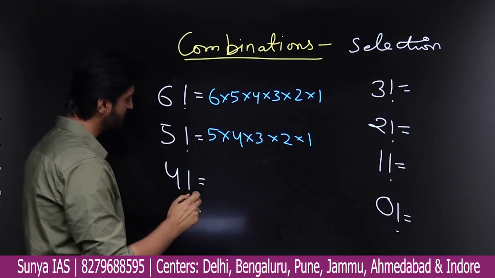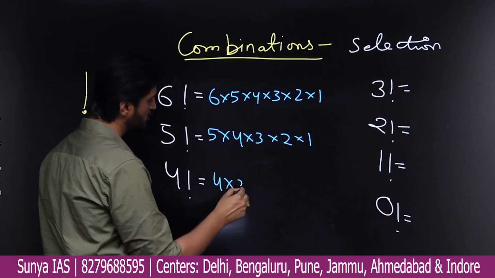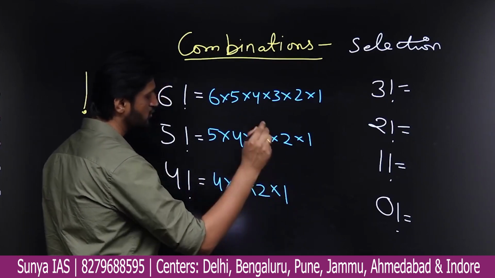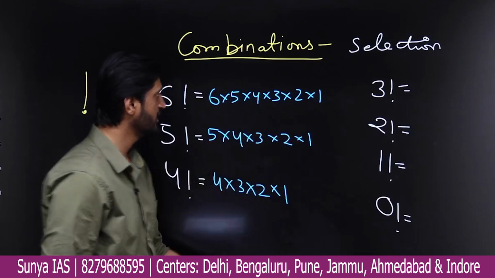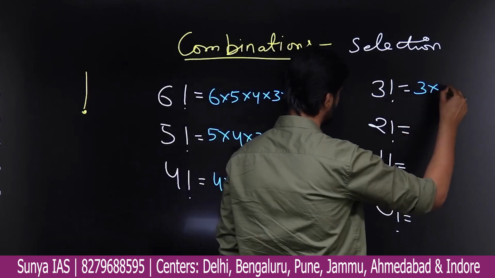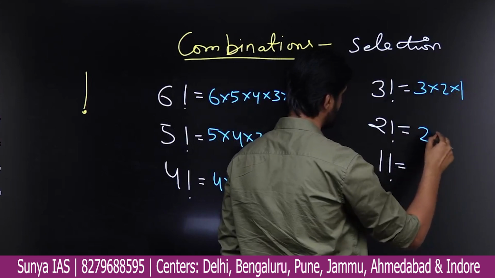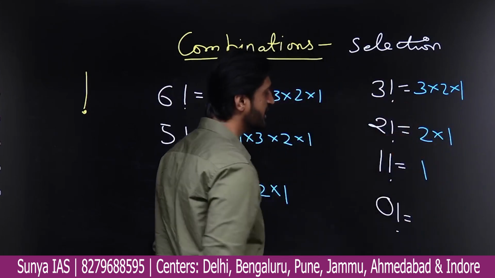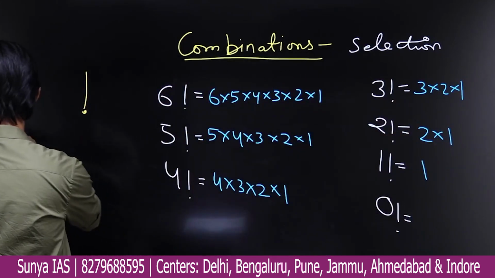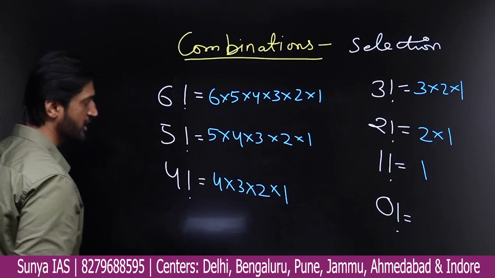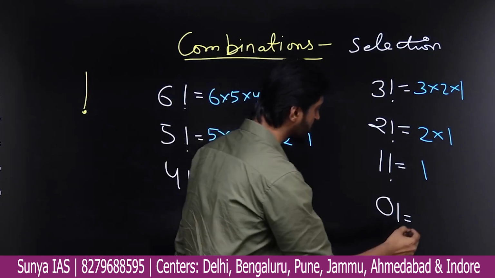Similarly, 4 factorial will be 4 into 3 into 2 into 1. 1 factorial will be simply 1. But the interesting thing is, when we are talking about 0 factorial, 0 factorial is equal to 1.